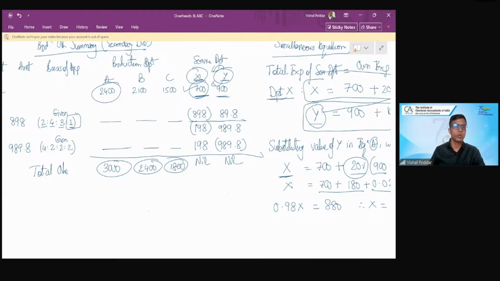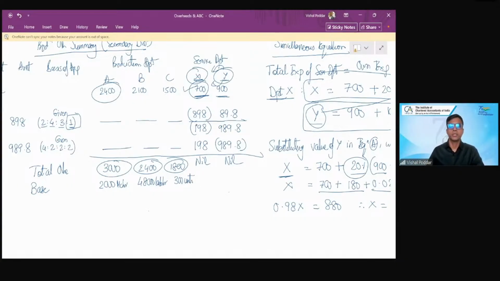Now to find out ORR, I have to select a base. Now the base may be machine hours. Let us say here, they have given in the question 2,000 machine hours. Let us say for B, they have given you 48,000 labor hours. And for C, they have given you 300 units.